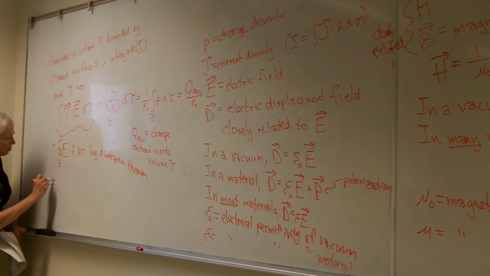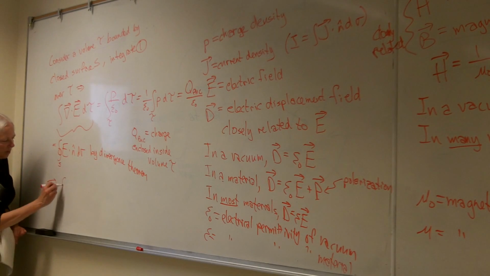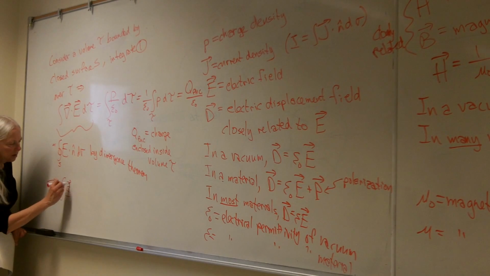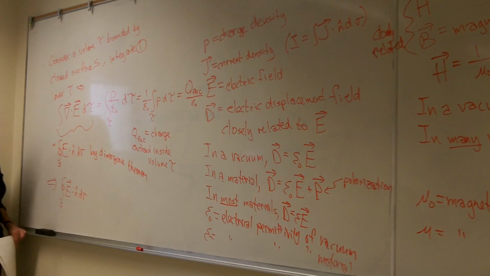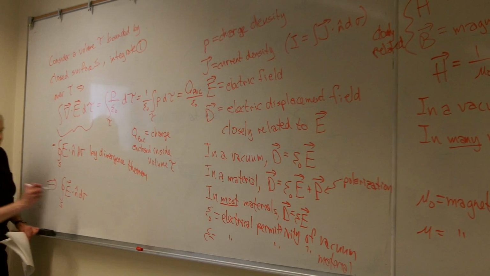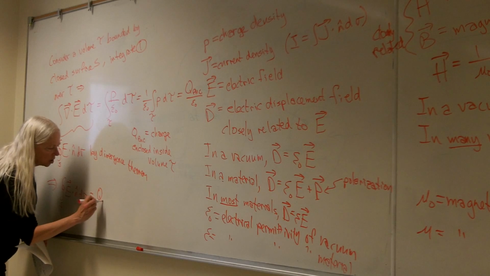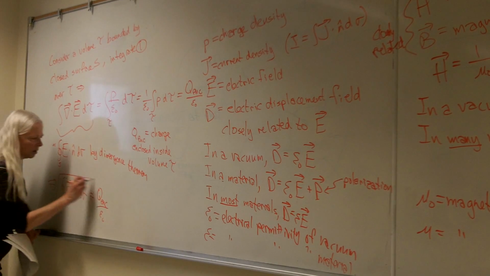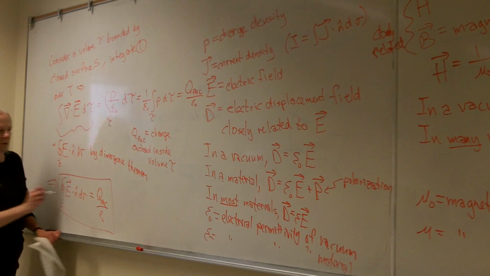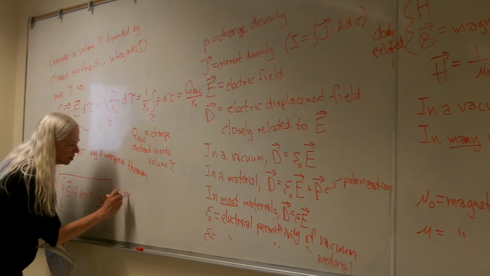So anyway, the result then is that on the left side we've got the integral of E dotted into n hat d sigma, or dA, some books will write it instead, and that is equal to the enclosed charge divided by epsilon naught. So this is the familiar integral form of Gauss's law.